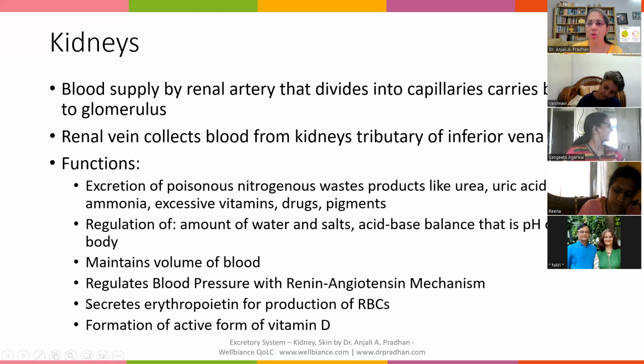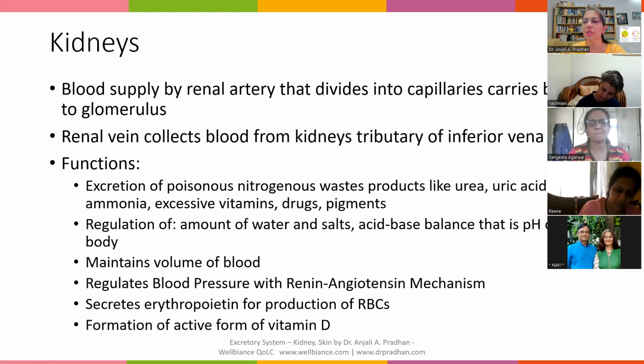Then it also maintains the volume of the blood by reabsorption of water. Thus the volume of the circulation is maintained. So sometimes you see the urine is concentrated, sometimes it is diluted.